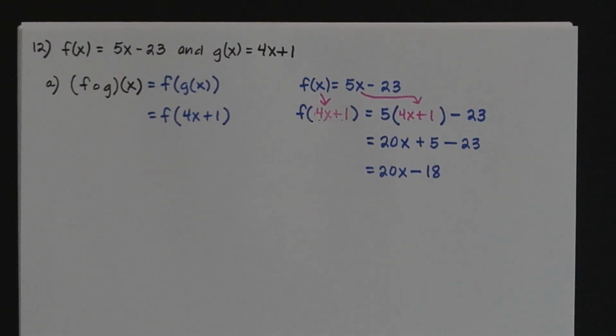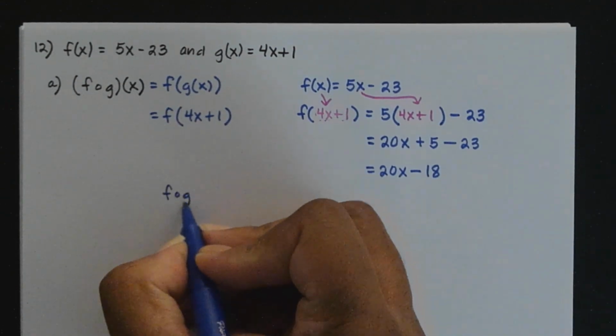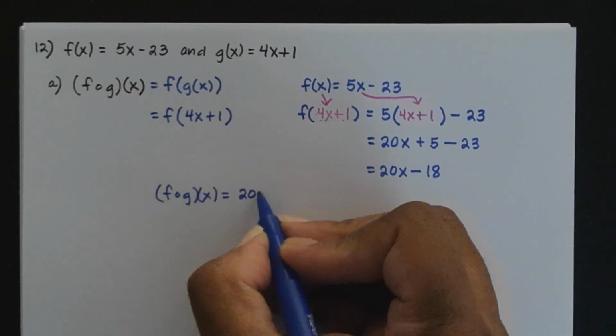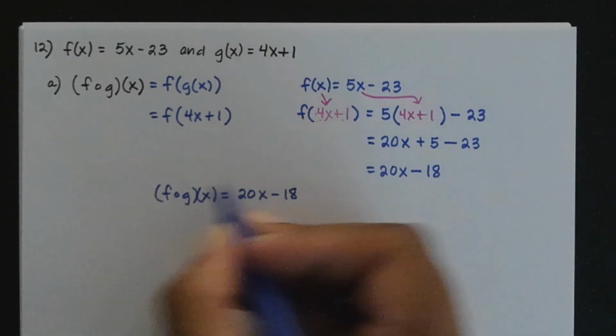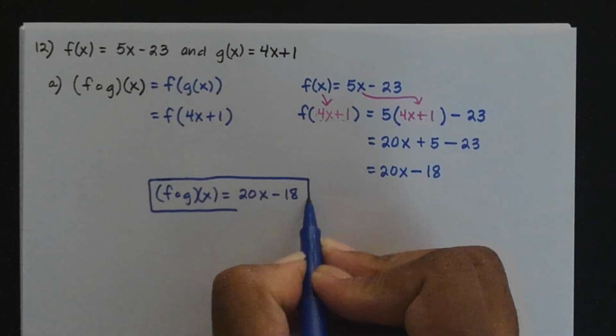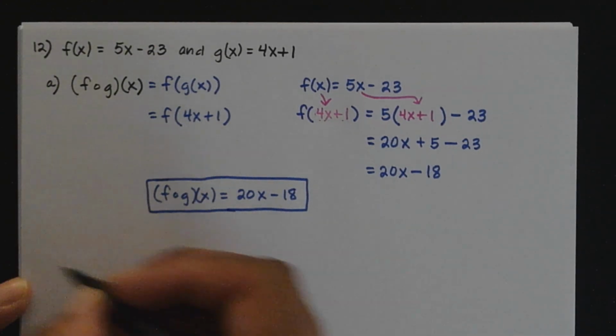So this is the composition of f with g of x. That's what it's going to be equal to, 20x minus 18. Okay, so that's just the composition of f with g of x, which is part A.